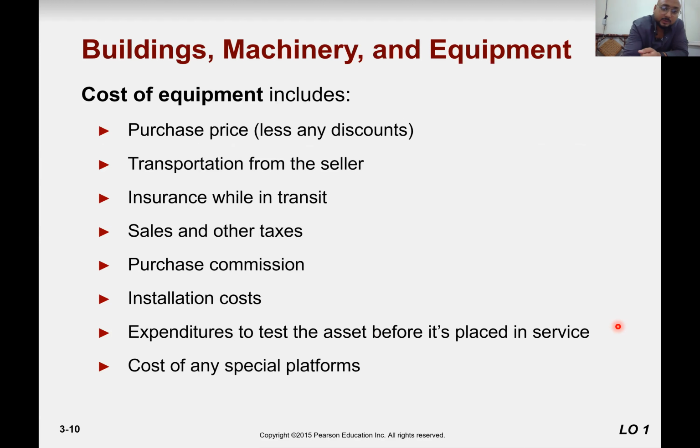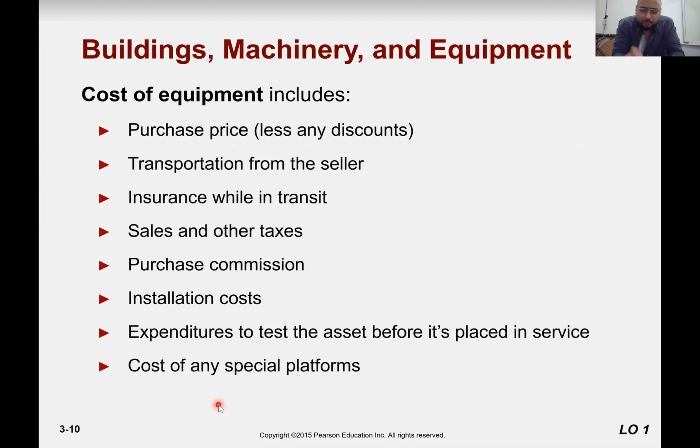And cost of any special platform. If you are reserving some space and you need to pay for that, for example, you are purchasing a big LED board and you are placing it on a billboard for which you have to pay for 5 years, that cost is also included in the cost of that LED monitor.